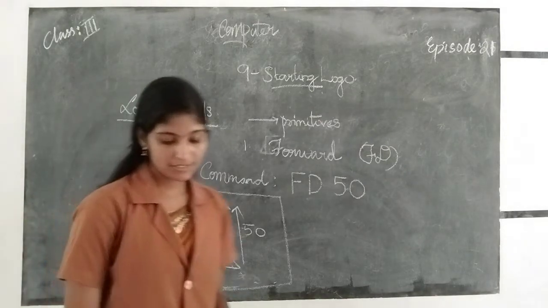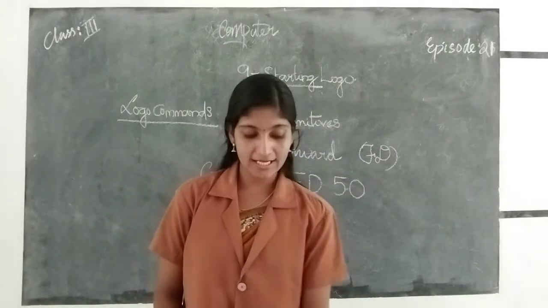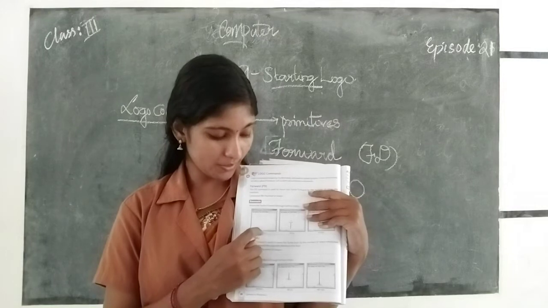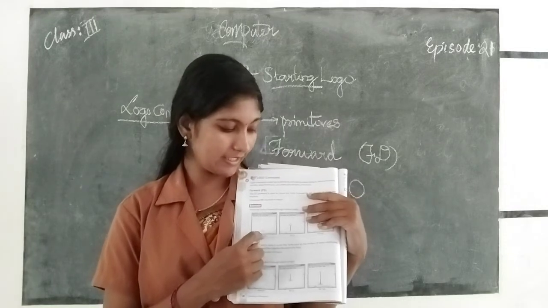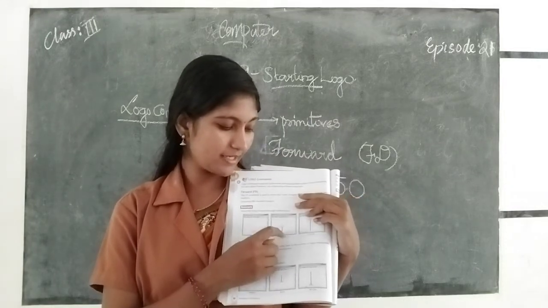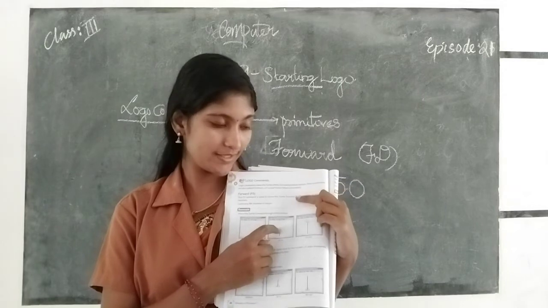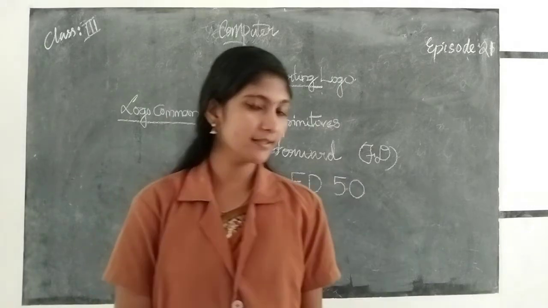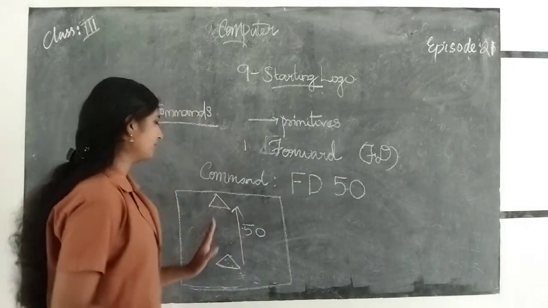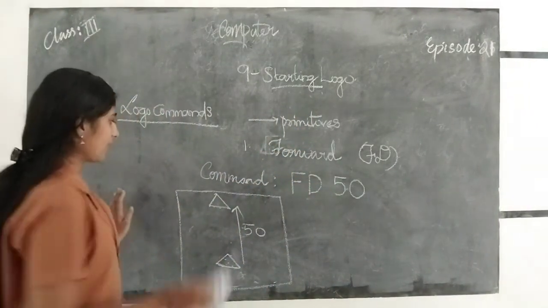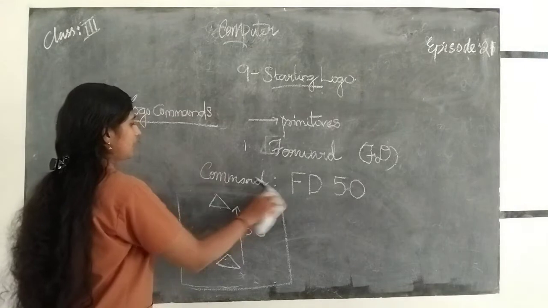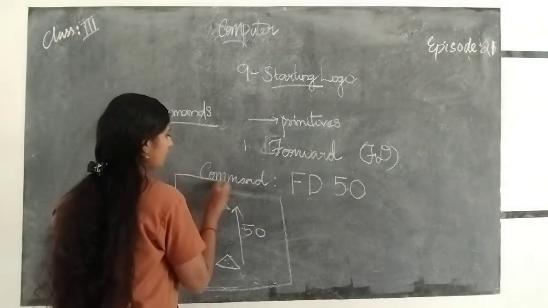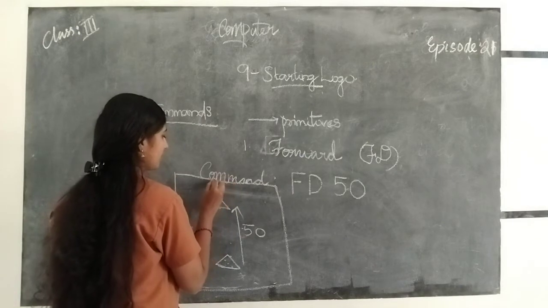So look at the picture on page number 88. Here the turtle is in its original state, the turtle is here, and FD 50 means it moves 50 steps and reaches here. Then if it is FD 100, it will move forward and reach here.